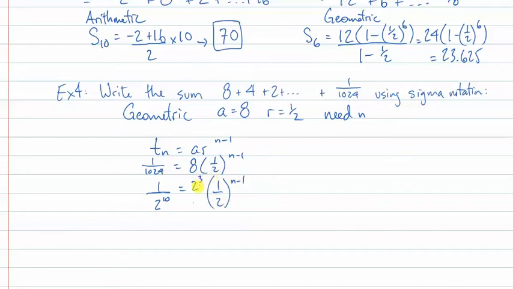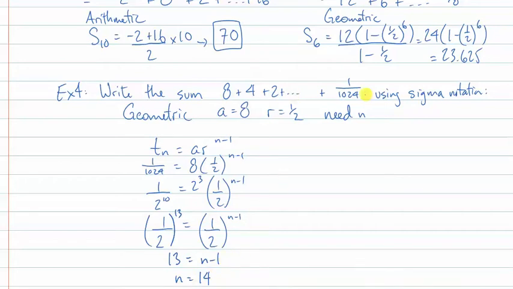Okay, and 2 cubed could be written as a part of this power over here, so 1 over 2 to the exponent 13 equals 1 over 2 exponent n minus 1. I can now equate the exponents, getting n has to be 14. There are 14 terms in that geometric sequence.